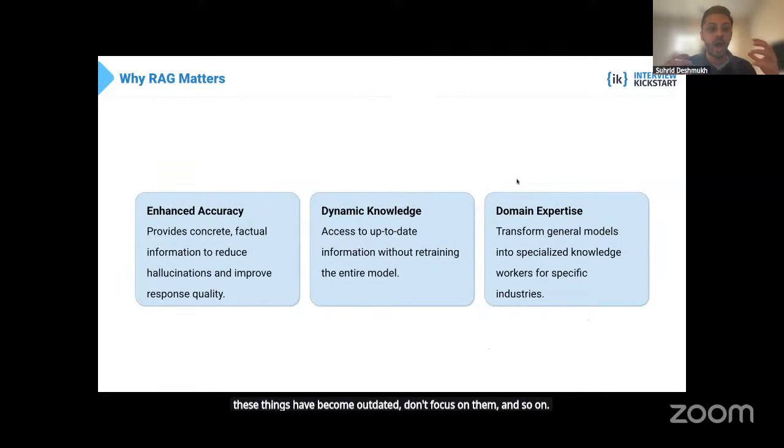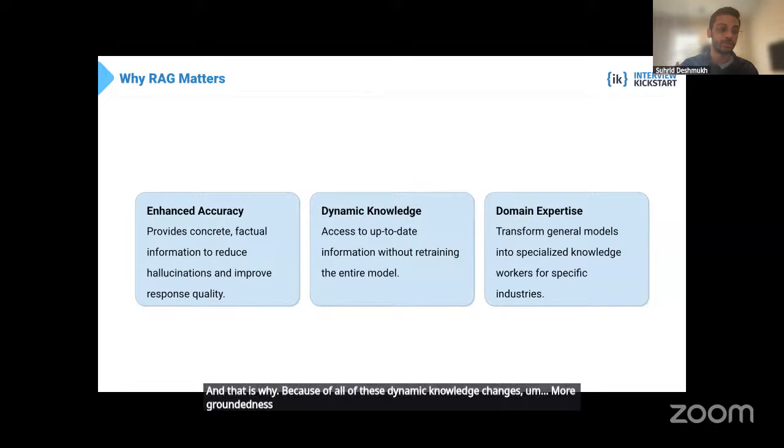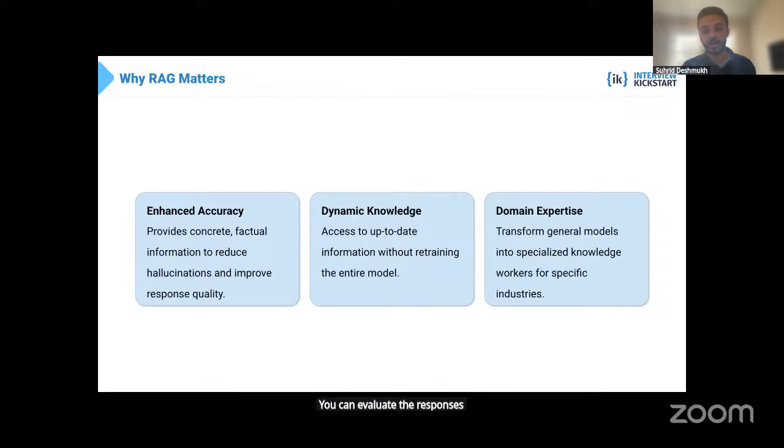And because of all of these dynamic knowledge changes and more groundedness in the source of truth, you get enhanced accuracy. You can evaluate the responses of a RAG-based system because you already have the ground truth information.